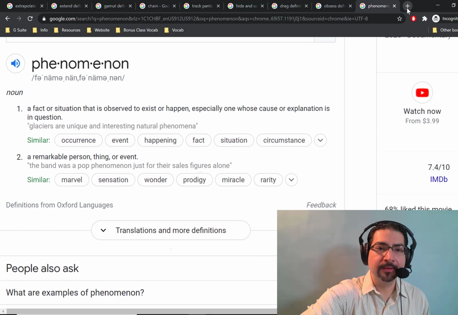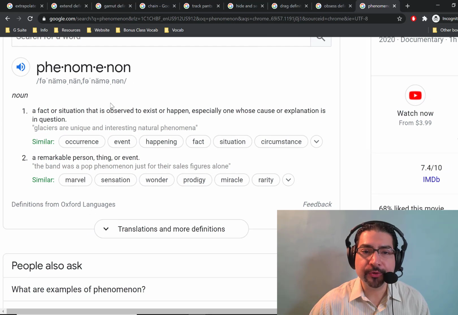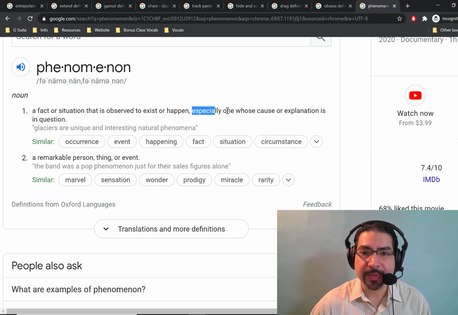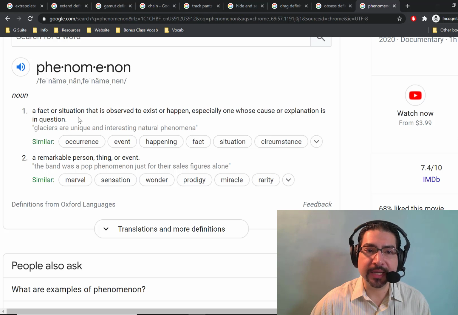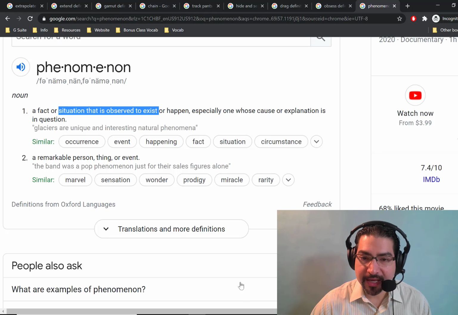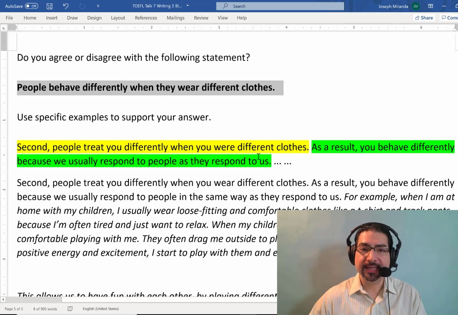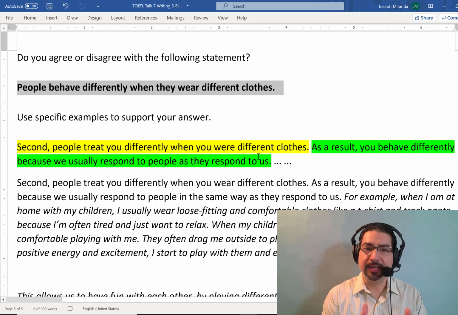So a phenomenon: a fact or situation that is observed to exist or happen, especially one whose cause or explanation is in question. So the key phrase here that we're using: situation that is observed to exist. So my agreement is that yes, this is a phenomenon in the world. We experience this.